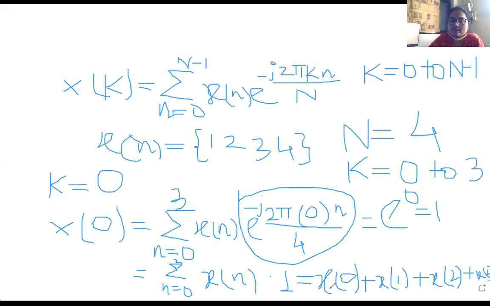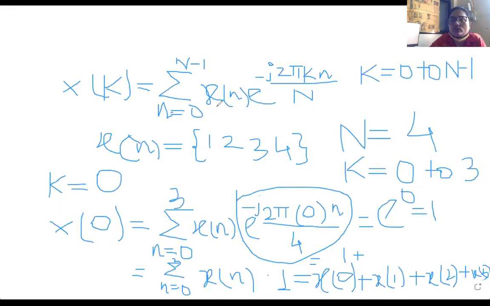Accordingly, if I substitute all the values: the value of x of 0 is 1, so I substitute 1 plus the value of x of 1, which is 2, plus x of 2, which is 3, plus the last value x of 3, which is 4.